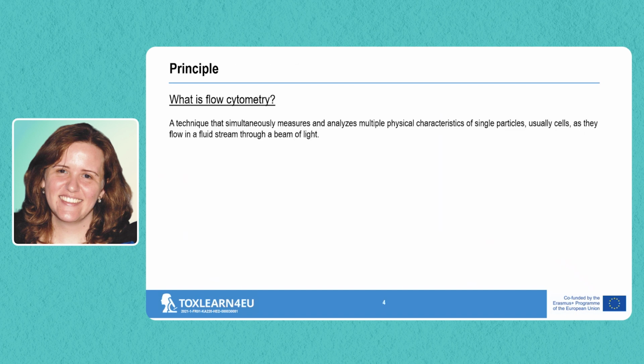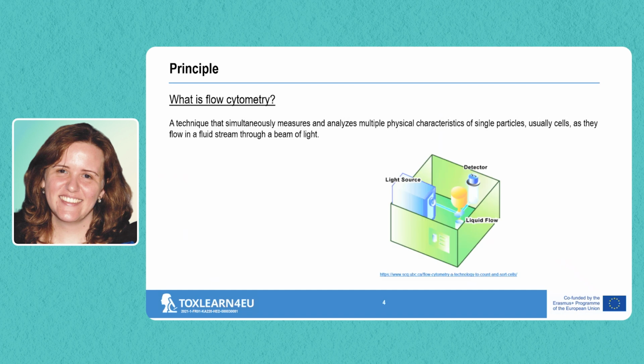This is basically a technique that will measure and analyze multiple physical characteristics of single particles. So it will be cells as they flow in a fluid stream through a beam of light. As I was saying, you will have to consider the light source. It will be a laser, we will see in a minute.